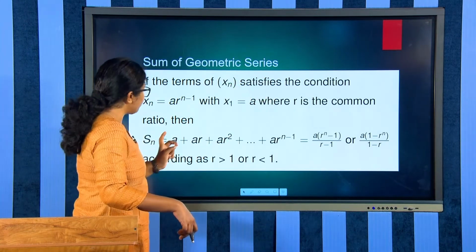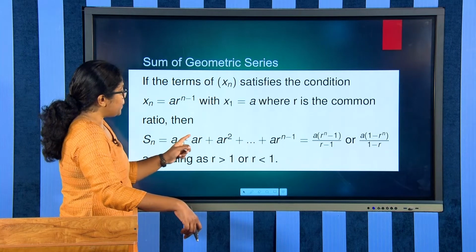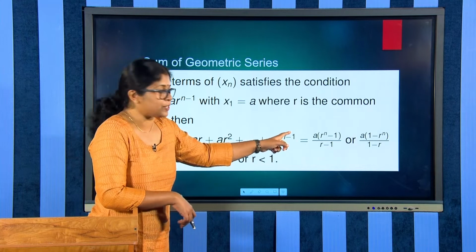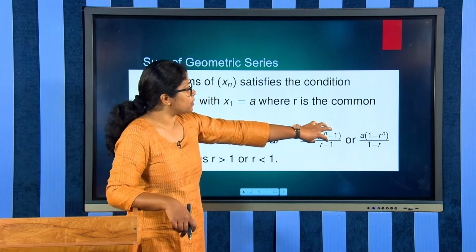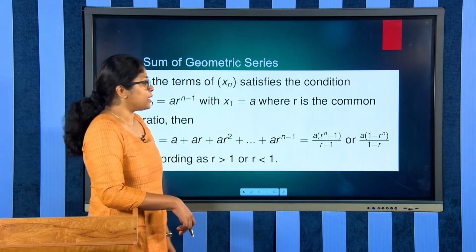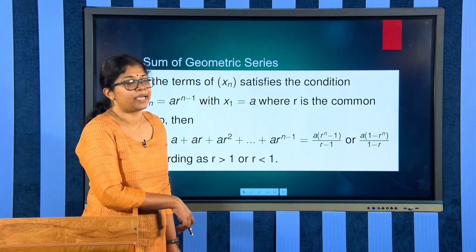And if we take the first n terms, we will be getting something like this: a plus ar plus ar square plus etc., up to ar to the power n minus 1, and that is given in short as a into (r to the power n minus 1) by (r minus 1), or a into (1 minus r to the power n) by (1 minus r).